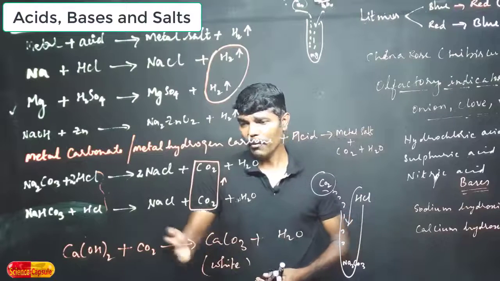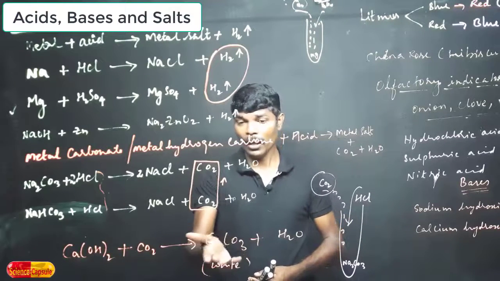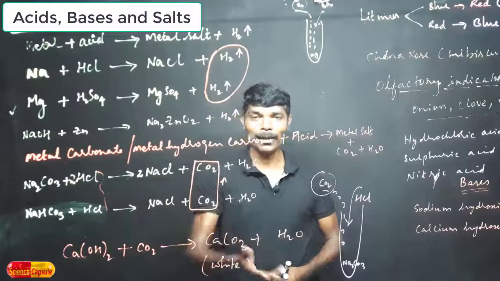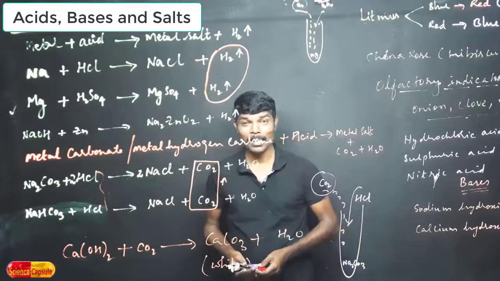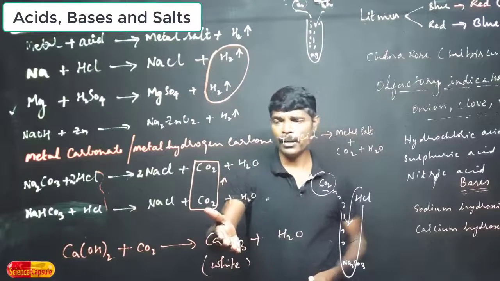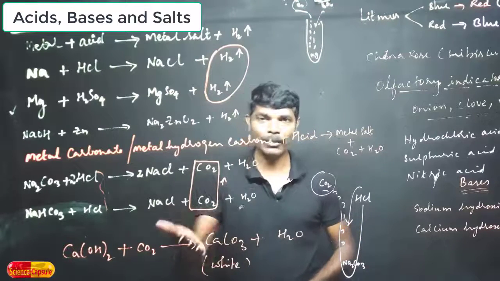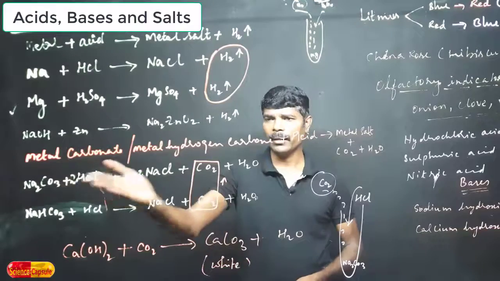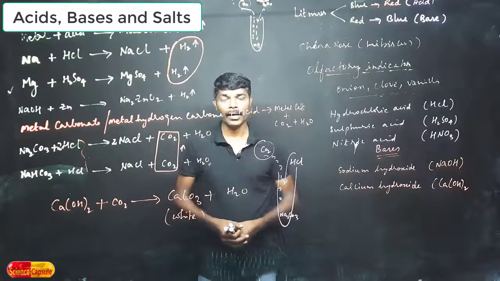You can see the chemical reaction as well. The white precipitate is calcium carbonate. Dear students, you should know the color of calcium carbonate is white. So due to the formation of calcium carbonate, a white precipitate is formed. From this equation it is confirmed that the gas formed in this reaction is carbon dioxide.